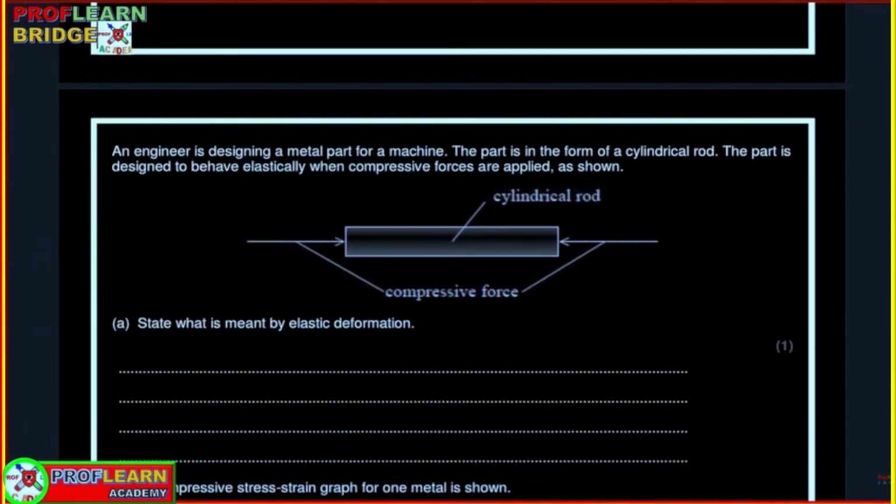So we have two types of deformation: plastic deformation, which is permanent. Once a material undergoes plastic deformation, it cannot regain its original size and shape. But for elastic deformation, a material regains its size once the tensile force is removed.